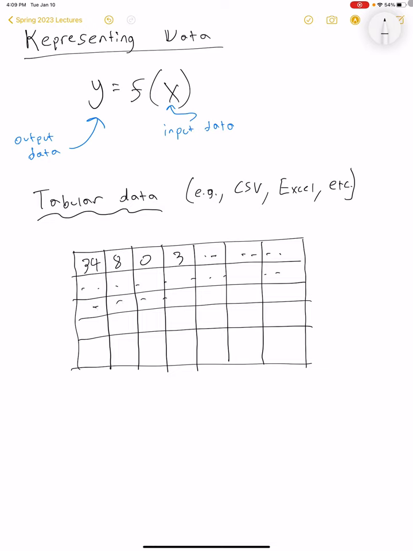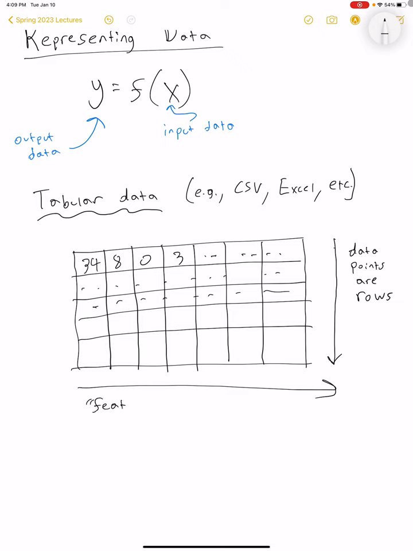There are numbers in the spreadsheet where the rows represent different data points, and the features, using that vocabulary word again, also called model inputs, the different variables that are used to predict, are the columns.